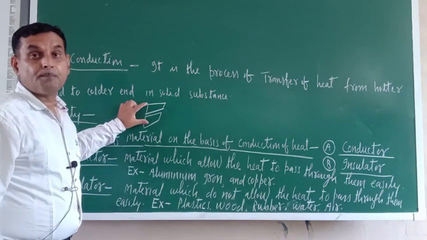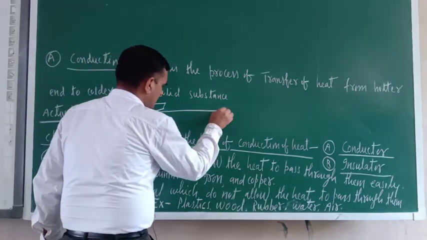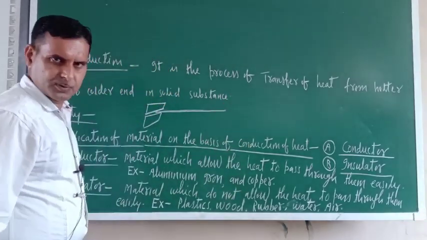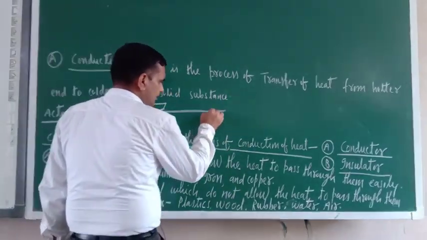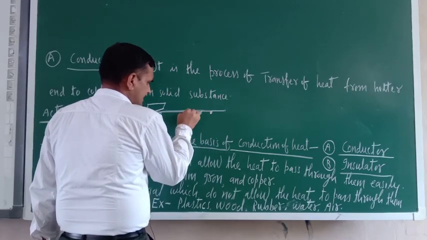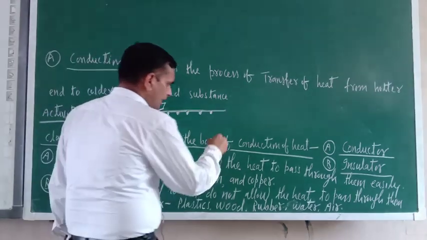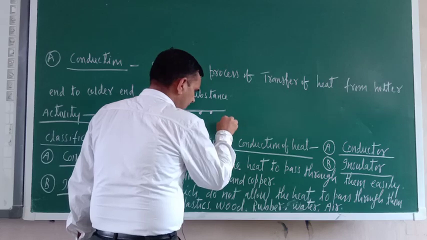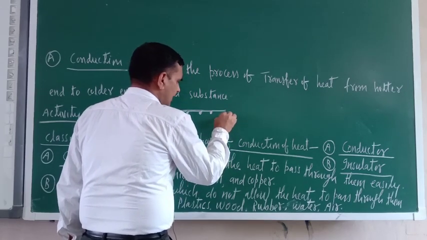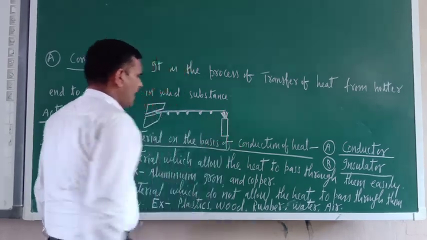In between the two bricks you put that metal strip. And at the bottom of the metal strip just put wax everywhere. Now here you put one candle, a burning candle.